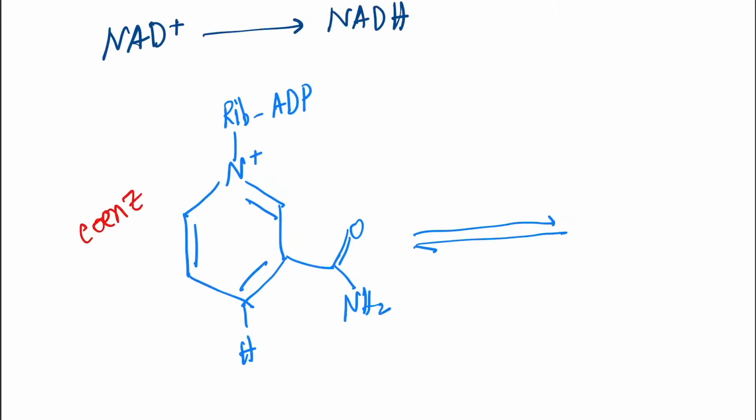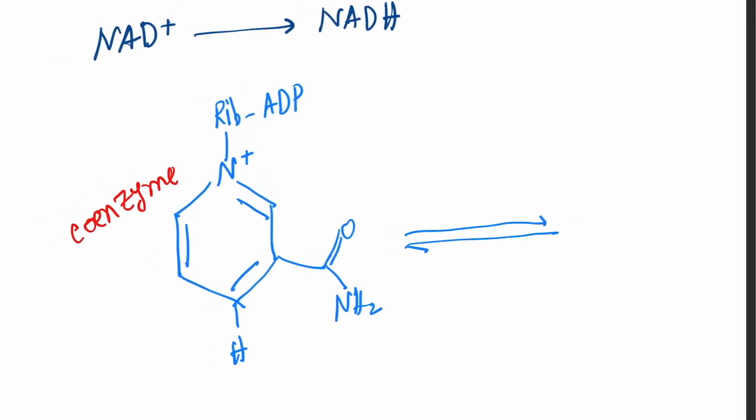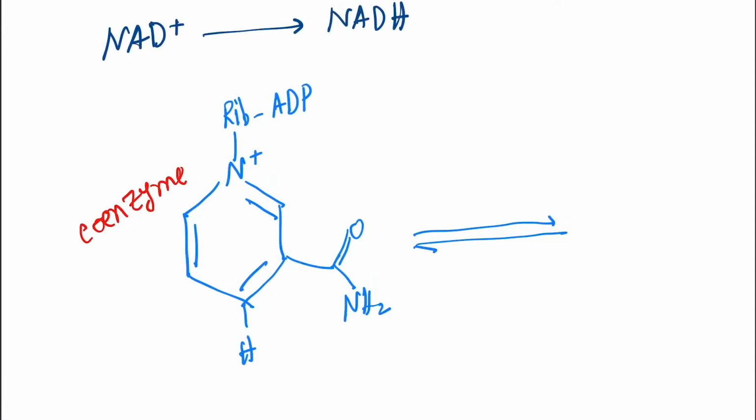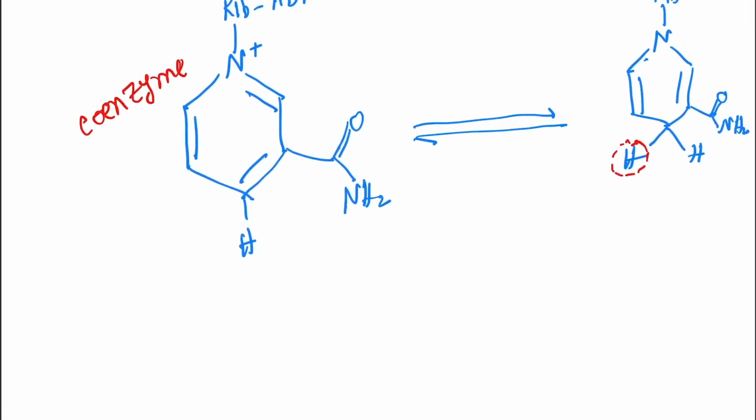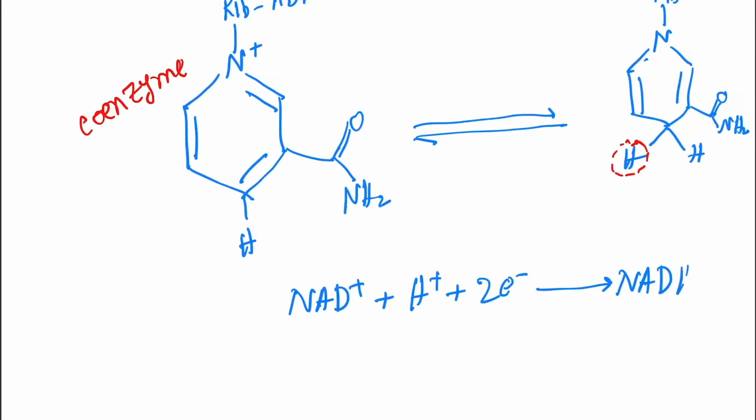This forms NADH, and the structure now has N, hydrogen, O and NH2, and here is another group. So you can see an extra hydrogen is getting added here. So the reaction will be NAD plus hydrogen plus 2 electrons, and this will cause formation of NADH.